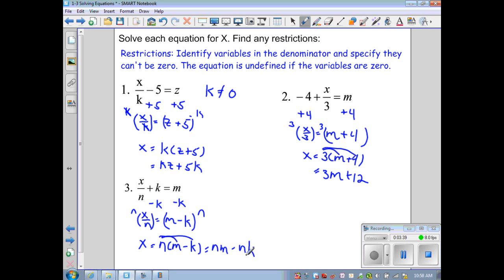My solution has no variable in the denominator, so there's no restrictions for my solution. But my beginning problem has x over n. N is in the denominator. And we can just set n equal to 0. And that makes my variable equal to 0. So I just have to disallow that by saying n can't equal 0. If it did, that would make my problem undefined.